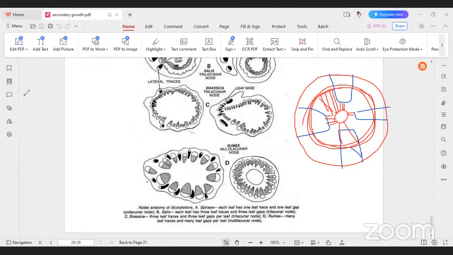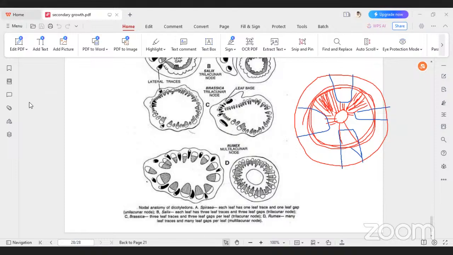The red color is the common normal activity. No problem with this, because in the normal way secondary xylem is abundantly formed, then secondary phloem. If you see this region, here secondary xylem is high, then secondary phloem.